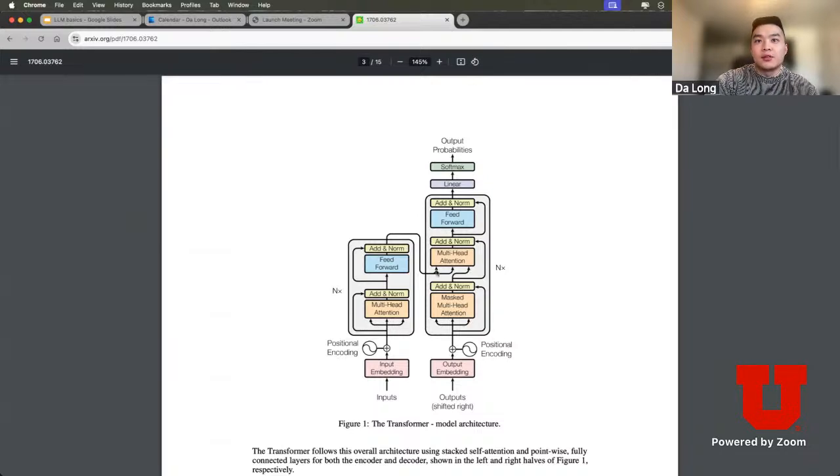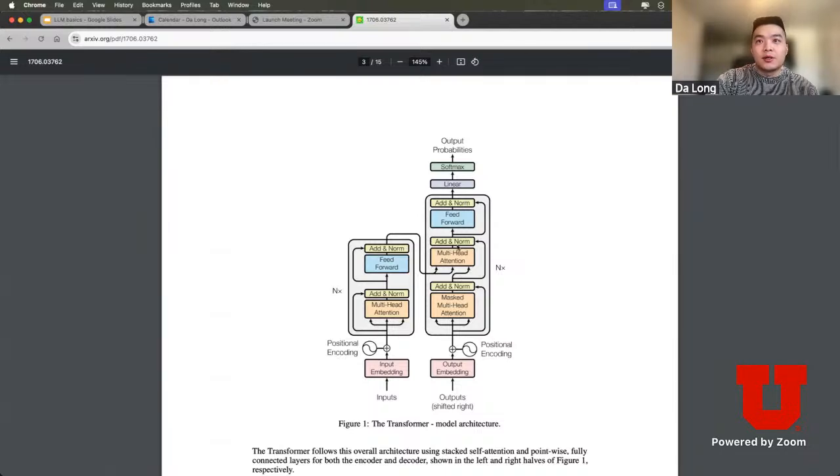If you look at the structure, in the very original transformer, the normalization comes after the module, after the attention module and after the MLP module. This is usually called post normalization, and I think they use layer normalization.